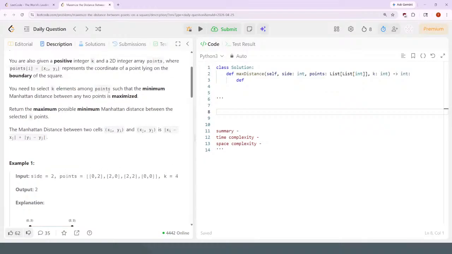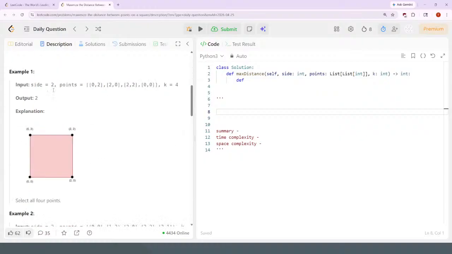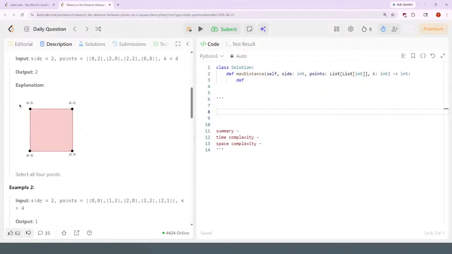Select K elements among the points such that the minimum Manhattan distance is maximized. If it weren't for the fact that this was a square, this would be pretty easy, to be honest.